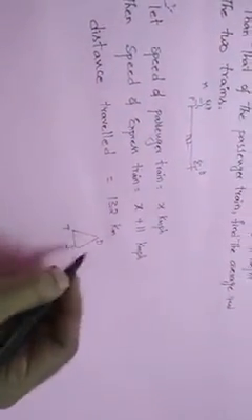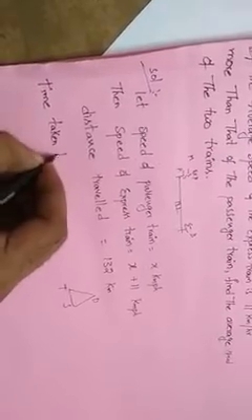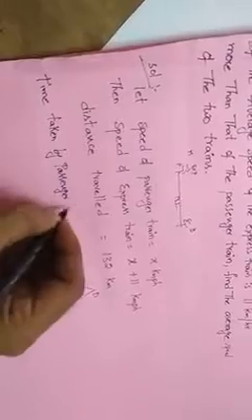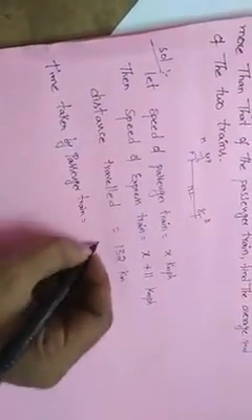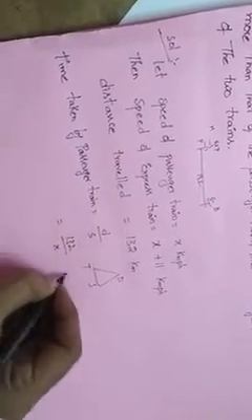We know the DST triangle, where distance is equal to speed into time. Now we'll find the time taken by the passenger train. Time is equal to distance by speed. Distance is 132, speed is x, so time is 132 by x. We'll make it equation number 1.